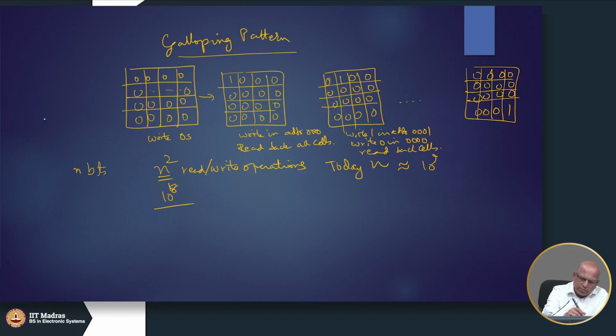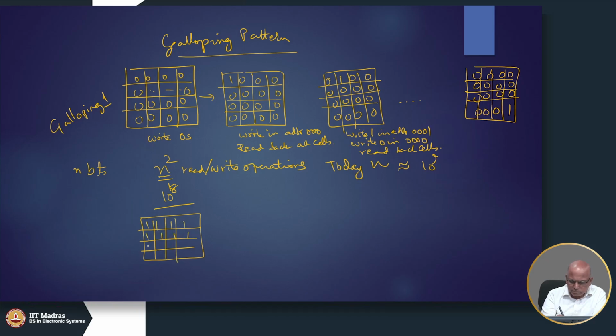So this is known as a galloping pattern. It's called galloping ones. And you can apply galloping zeros also. You can fill the ones in the beginning, then start galloping a 0. So write a 0 in 0 0 0 0.